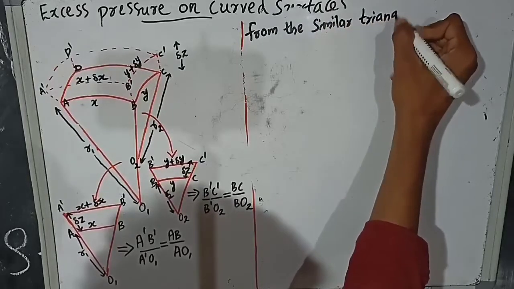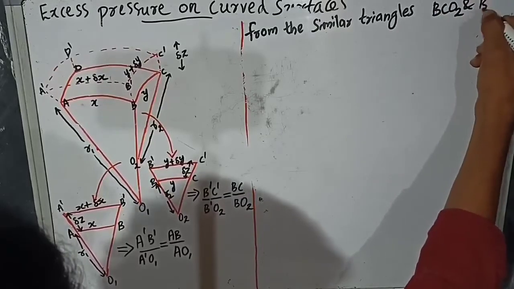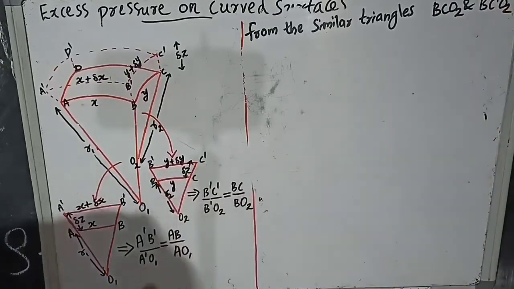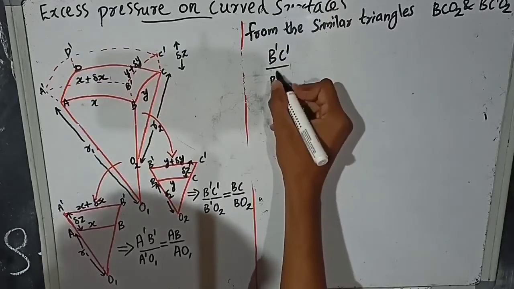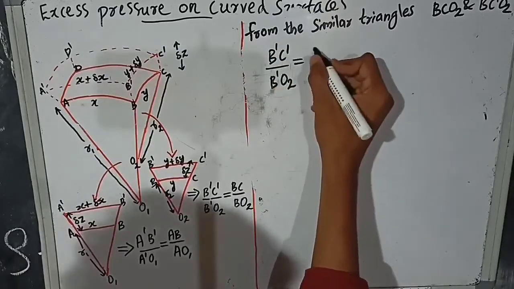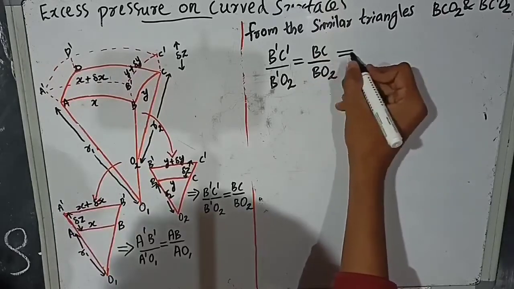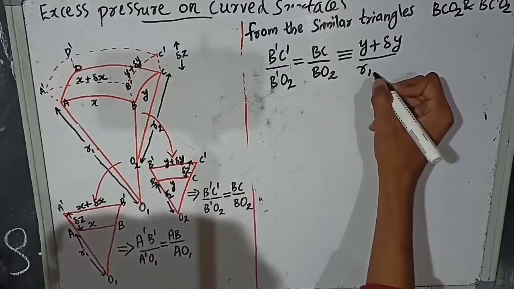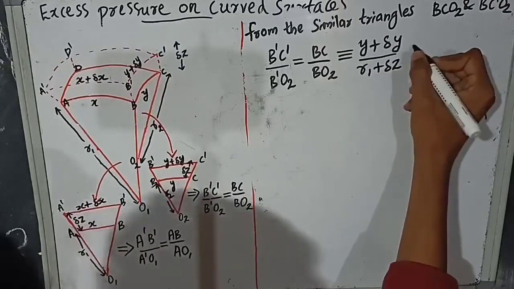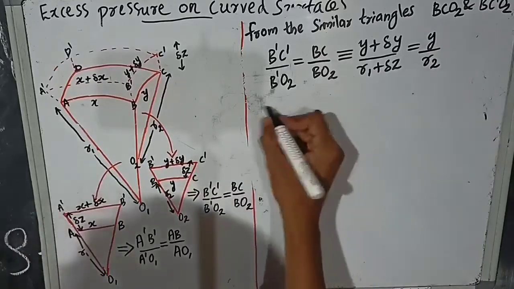From the similar triangles BCO2 and B'C'O2, we can write B'C' over B'O2 is equal to BC by BO2. This is equivalent to (y plus delta y) over (R2 plus delta z) is equal to y by R2.